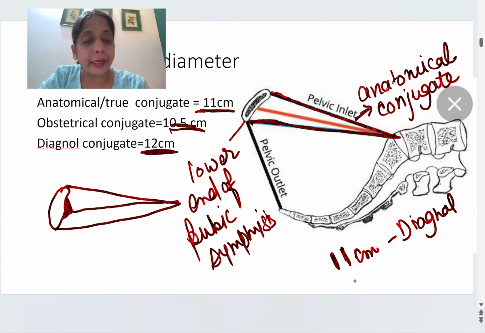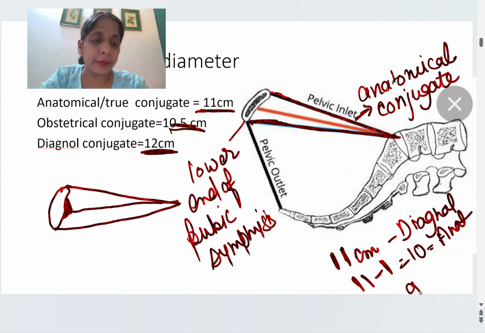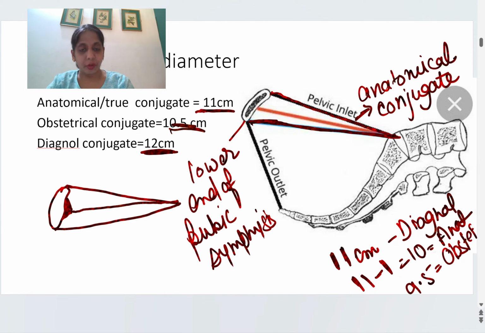Then anatomical is 11 minus 1, that is 10, and obstetric will be 9.5, minus 1.5. So that was all. To calculate the anatomical, we deduct 1 centimeter, and to calculate the obstetric conjugate, we deduct 1.5 centimeter. That is how we can calculate.